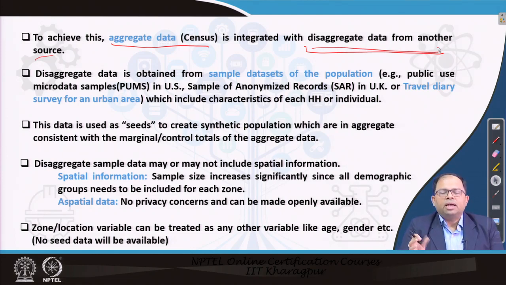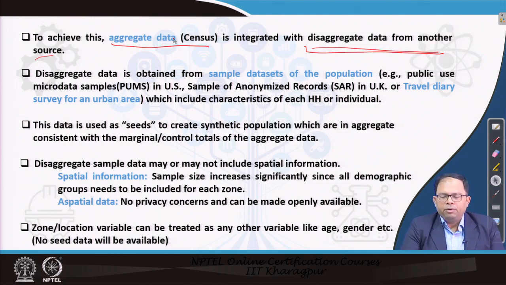Using the characteristics of that data, or the distribution of those demographic variables in that data, we can create the detailed data sets for each individual zone for which we only have the total values. In the case of the US, disaggregate data is usually obtained from sample data sets of the population.